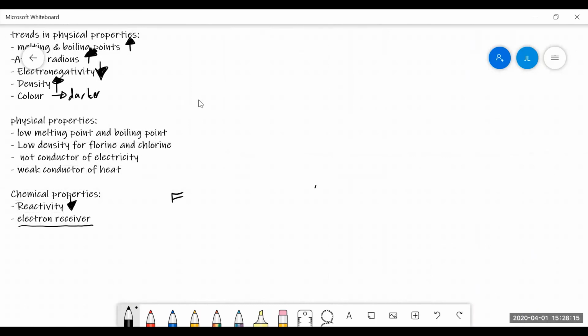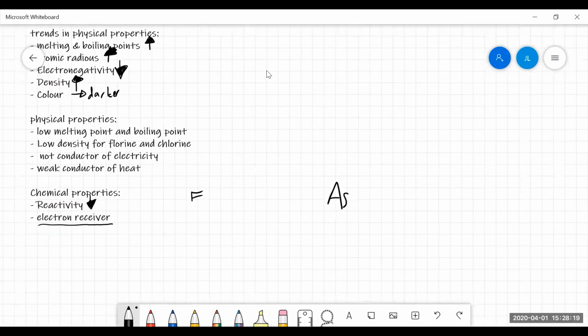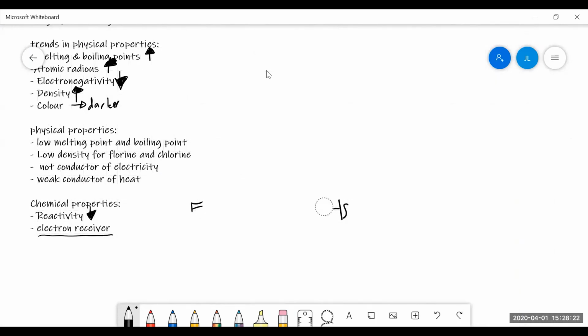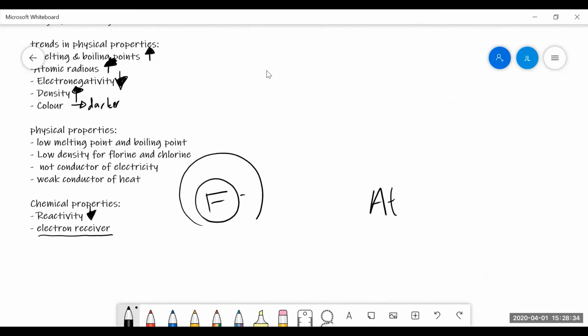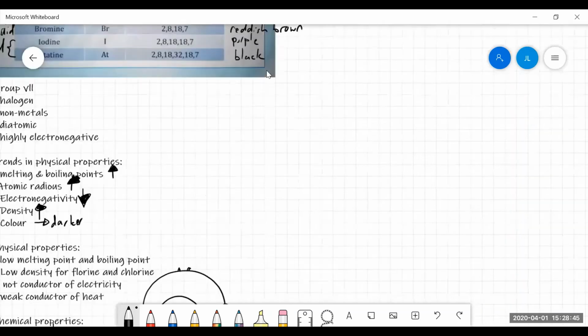Astatine is AS, I think. Is it AT? Astatine. AT. So fluorine has only two shells. You have 1, 2, 3, 4, 5, 6, 7, 7 valence electrons. While for AT, how many?